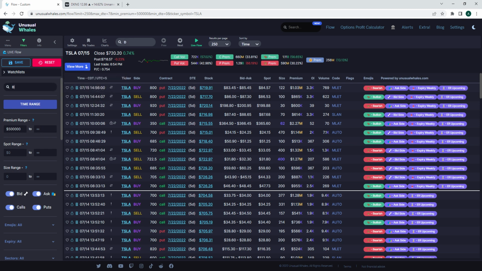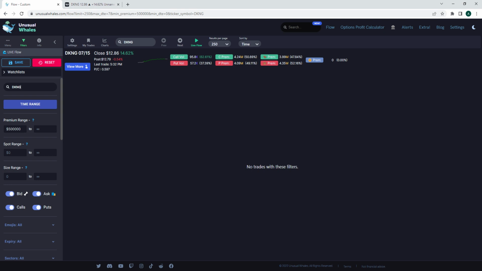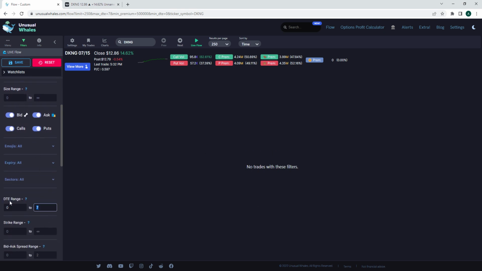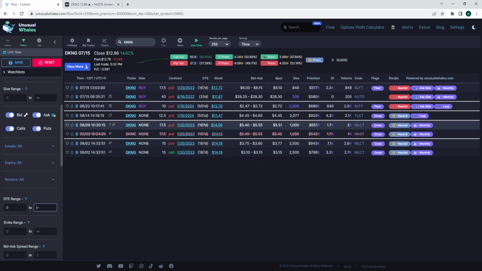Now this is what I want to show you about the premiums. If we look at DraftKings, which had the 5 billion cap, we have no trades with this filter, even if I take off the days to expiration. I guess we do, but 100 days out, we don't care about what's happening 100 days from now.